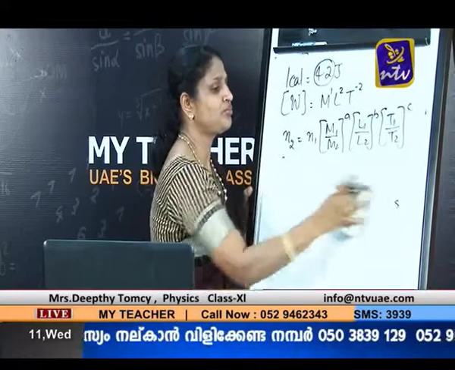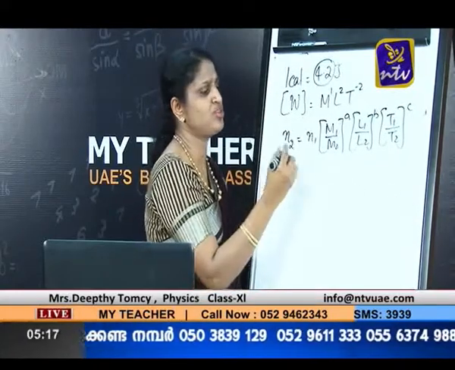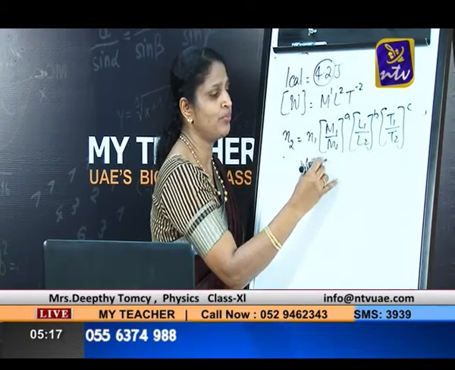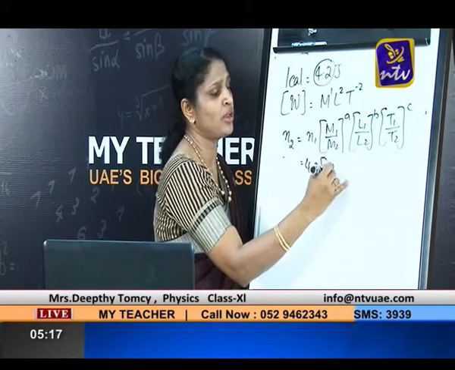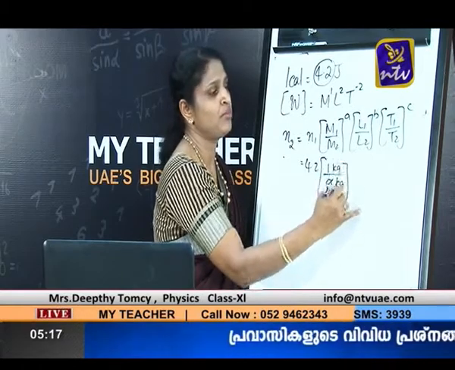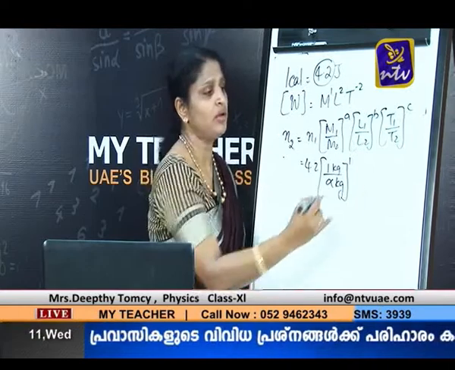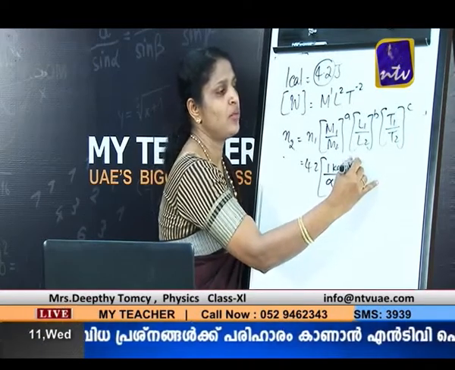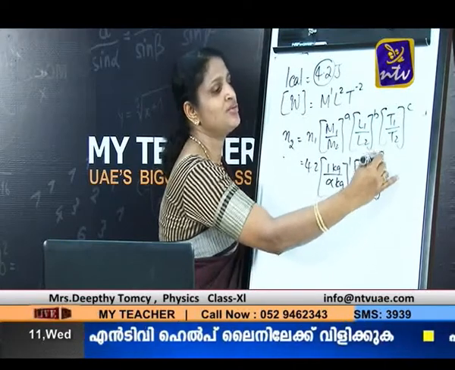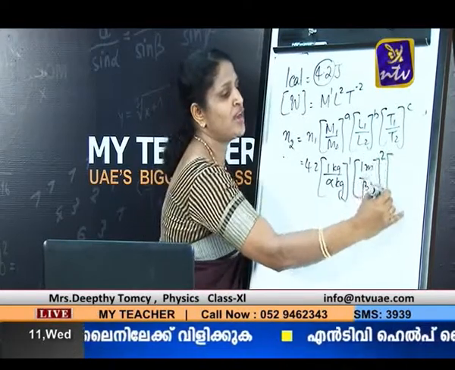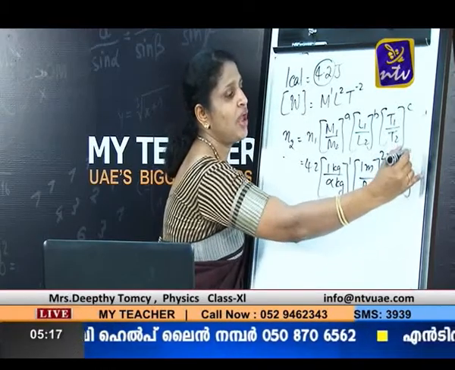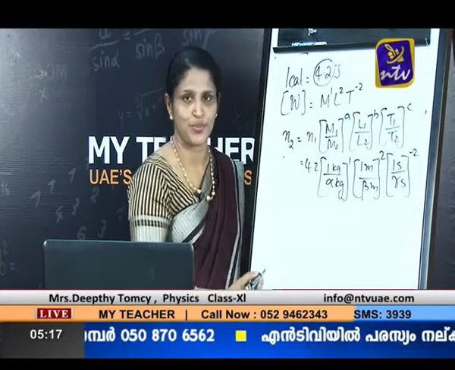Now listen how we can find it out. n1 is given as 4.2, M1 is 1 kilogram divided by alpha kilogram in the new system, the whole power 1. L1 is 1 meter, L2 is given as beta meter, the whole power 2, and finally you are given 1 second and gamma second respectively, and the power is minus 2.